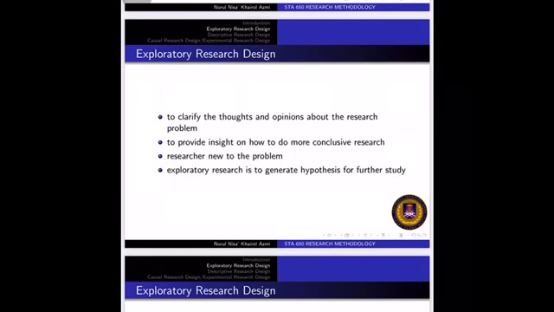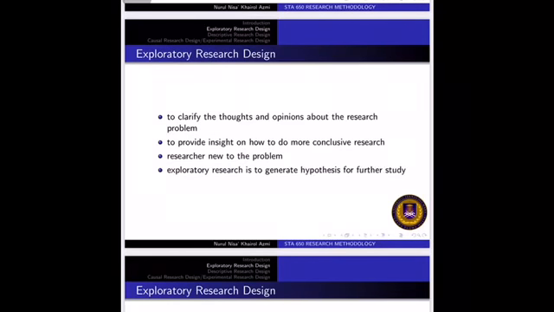Ini contoh sahajalah. But that is the theory. It can be true, it can be not true. So nak tahu benda tu betul ataupun tak betul, then we have to do hypothesis testing, further analysis. So exploratory research is just to get an insight, just to get the idea.